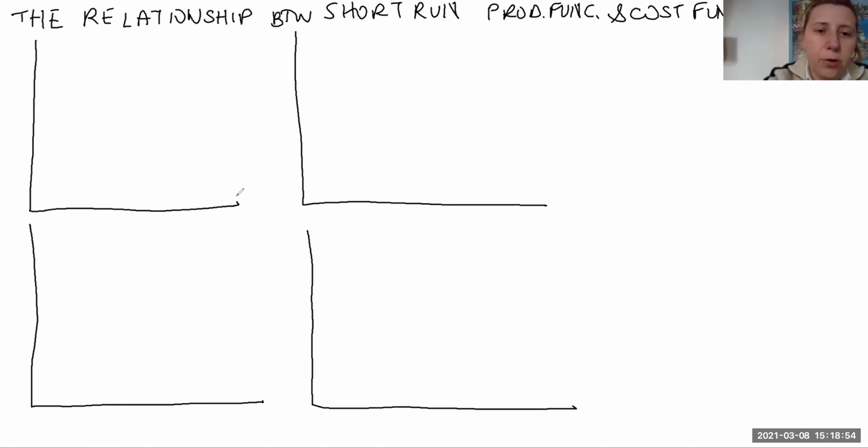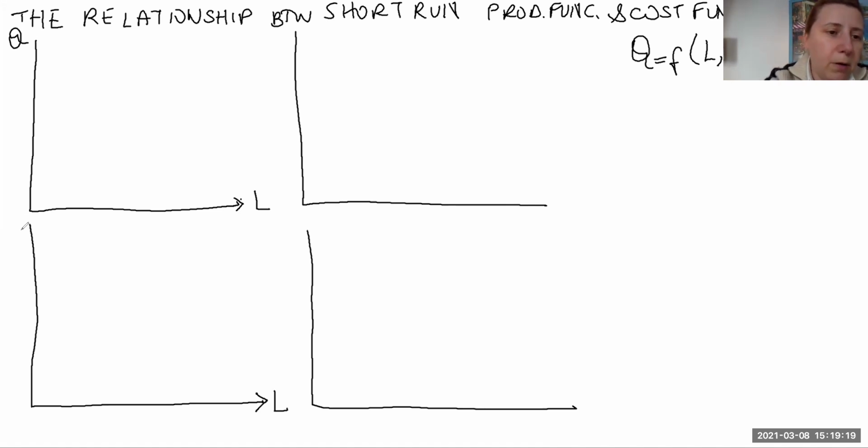In the first two graphs, we will put the short-run production function. So here, let's remember the production function. We have a short-run production function of labor and capital, which capital stays constant and the labor is variable. So here we put labor, and here the level of output or total product of labor can also be used.